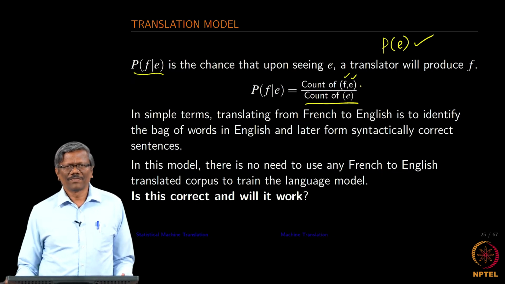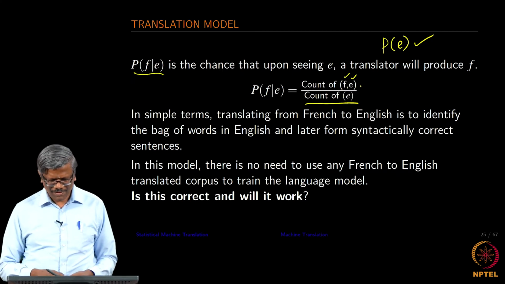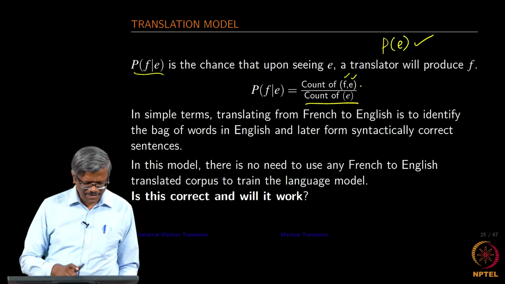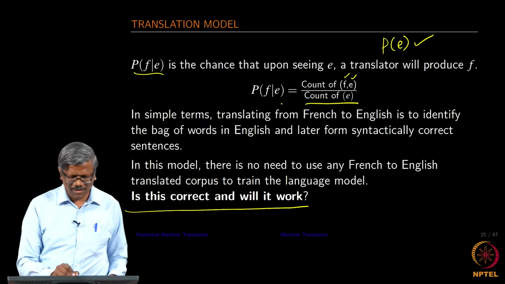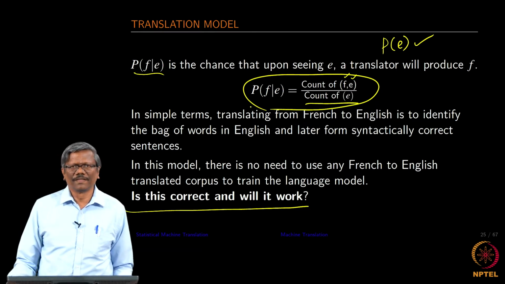Okay. So, in this model there is no need to use any French to English translated corpus to train the language model. Is this true? I am just leaving this to you to find out whether this particular model would work. Is it possible to estimate the probabilities here?